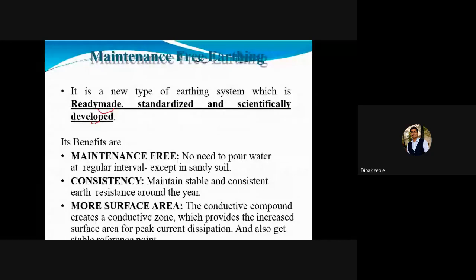So obviously if it is ready-made, the cost will be high. What are the benefits? The benefits are it is maintenance free. No need to pour the water at regular intervals except in sandy soil. But we have to replace the sandy soil at regular intervals. Consistency: maintain a stable, consistent earth resistance around the year. So this is the main advantage of this maintenance free earthing.